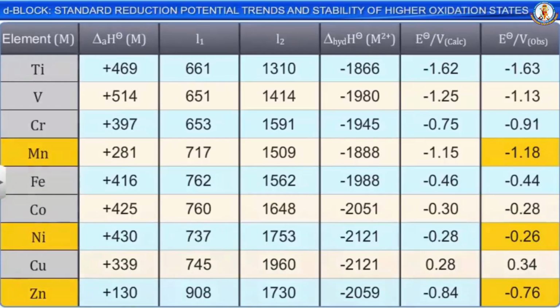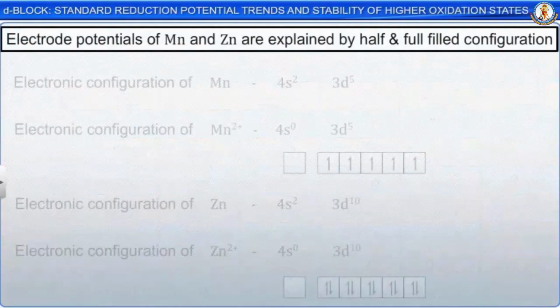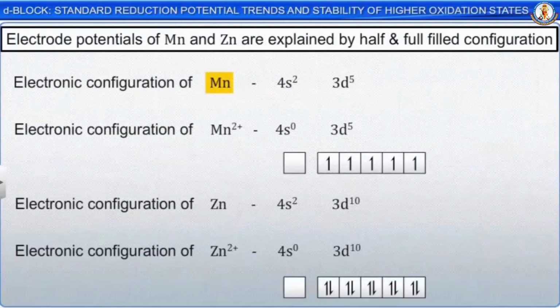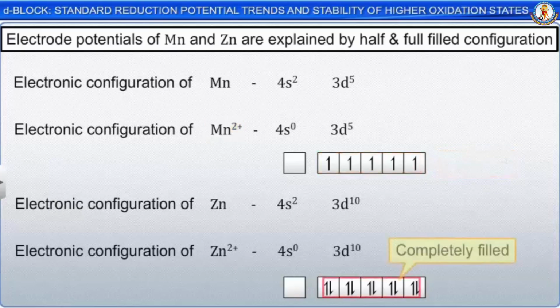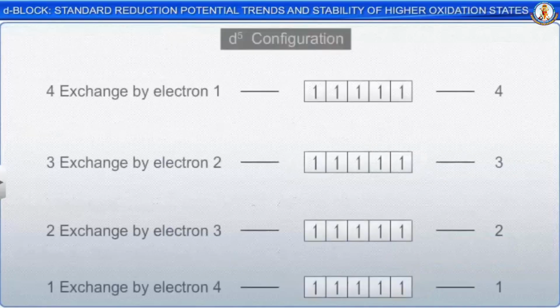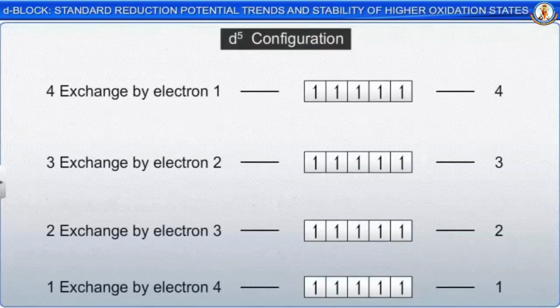The electrode potential values of manganese and zinc can be explained on the basis of the stability of the half-filled d subshell in Mn2+, and the completely filled d10 configuration in the zinc 2+ ion. The stability is due to the maximization of the exchange energies between electrons of like spin.